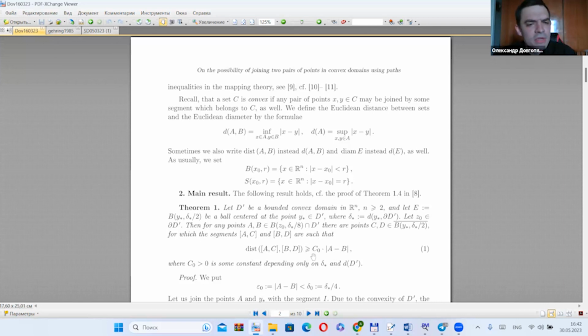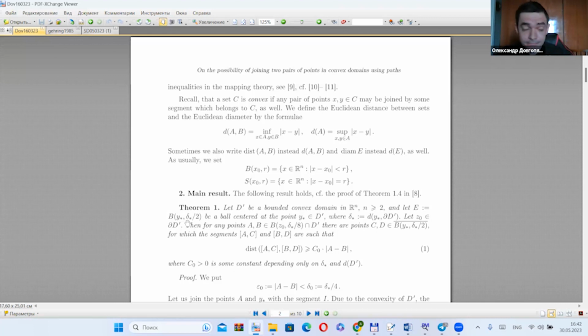Oh, sorry, I forgot to say that we can find points C and D from the closure of this ball centered at y star with radius equal to the distance from this point to the boundary of this domain divided by 2.